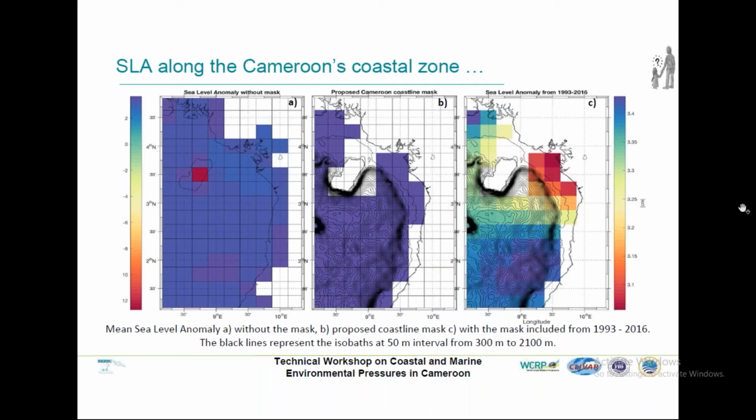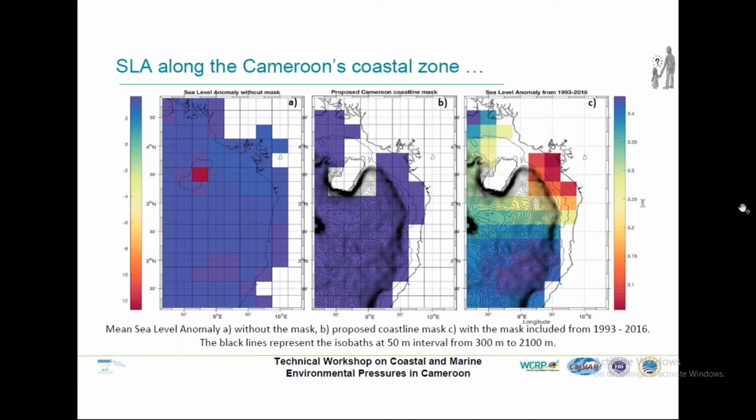So in figure A, I'm presenting the raw data that we got from the satellite. And now, to remove the contribution of the topography, we have built a mask. The mask is what you have in figure B. The mask is the combination of bathymetry, topography, and atmospheric correction.